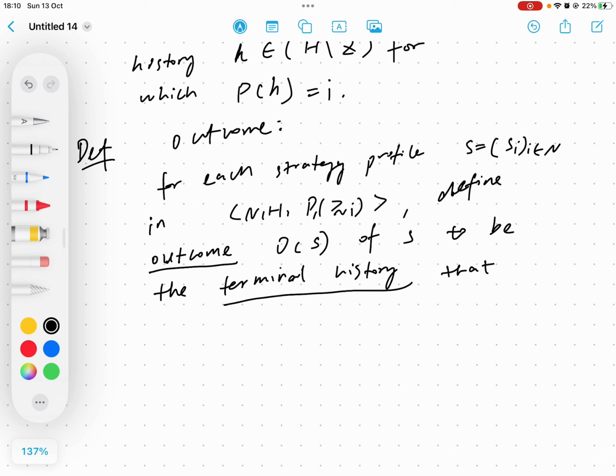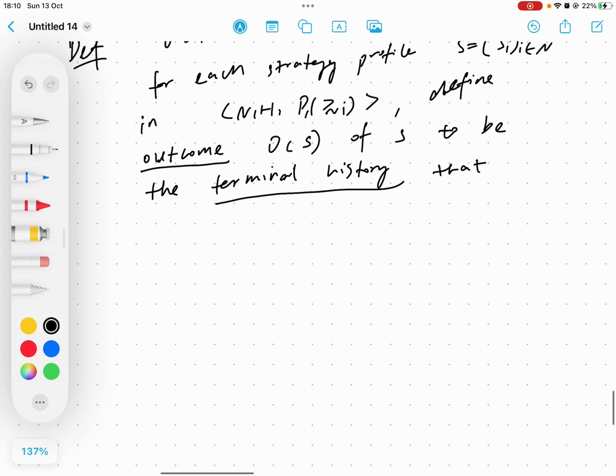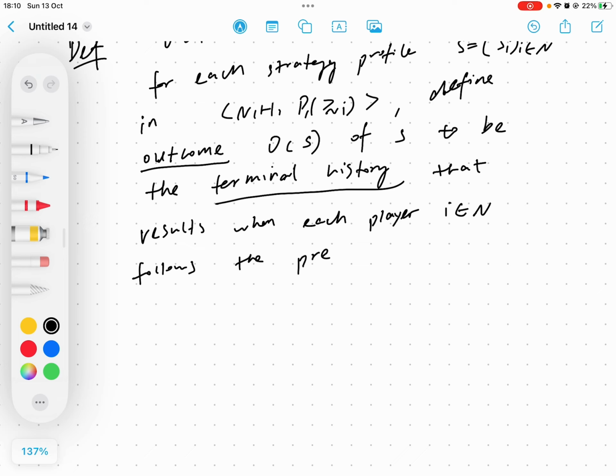That results when each player i follows the precepts of s_i.